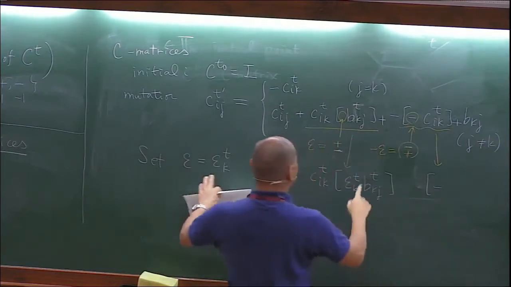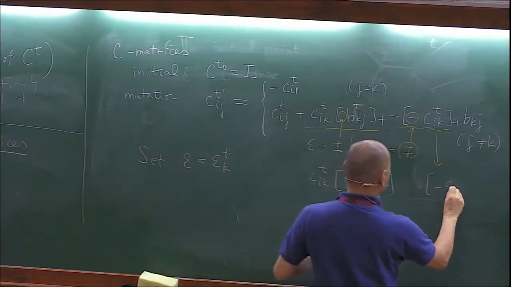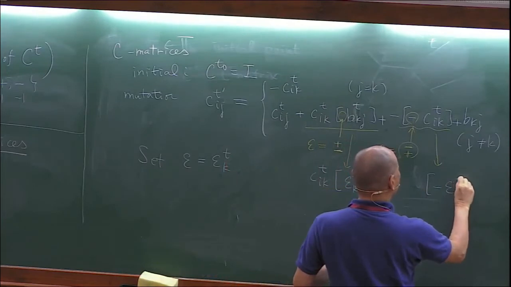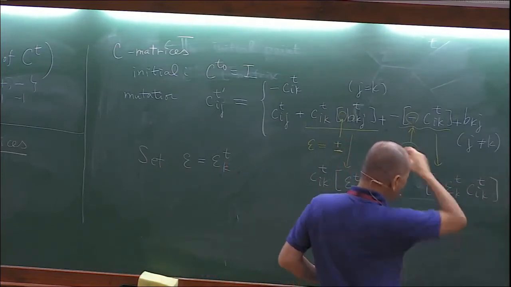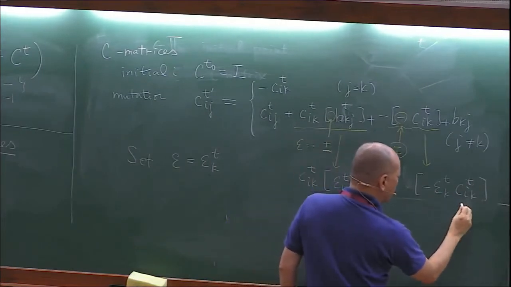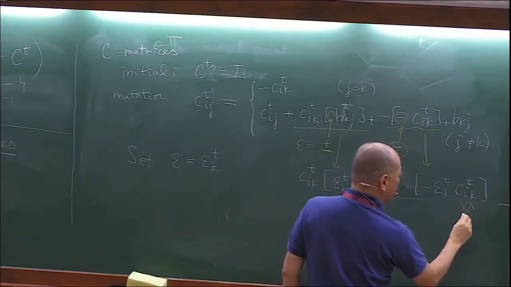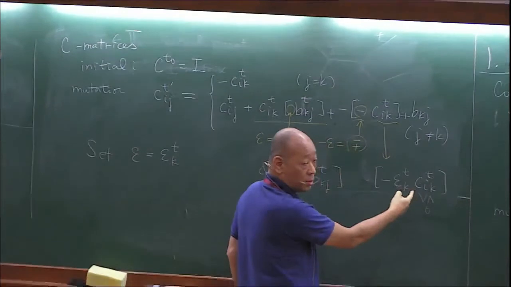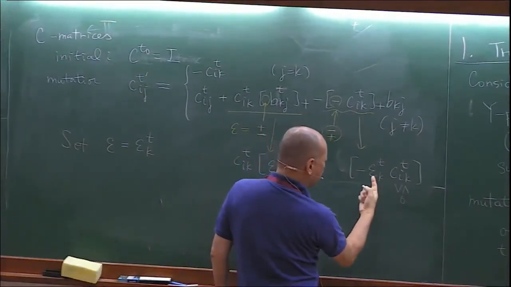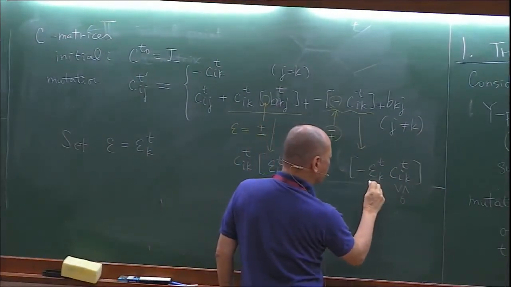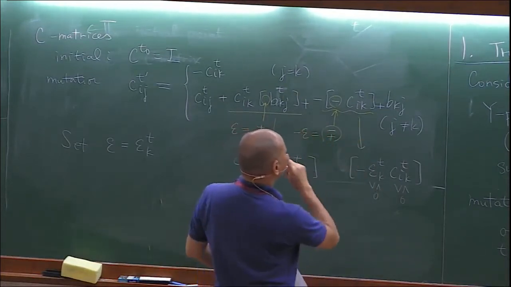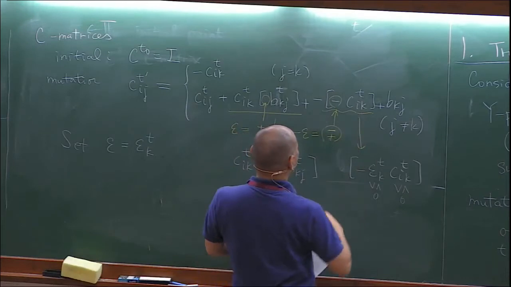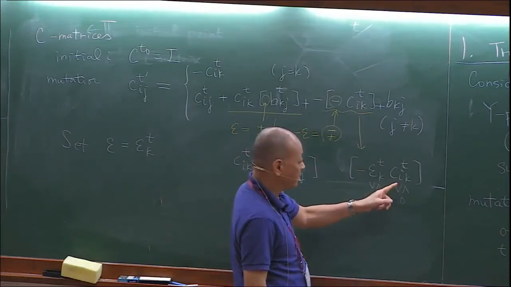I choose epsilon to be this one, so minus epsilon k t c_ik t. Now, this one might be plus or minus, which I don't know, but the sign exactly coincides for any choice of i. That is sign coherence.